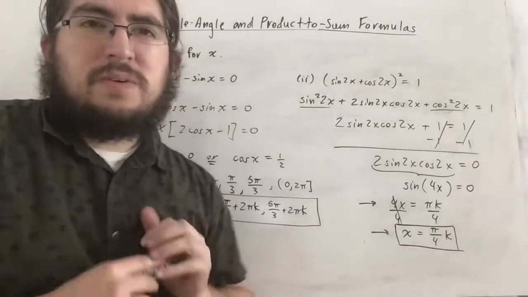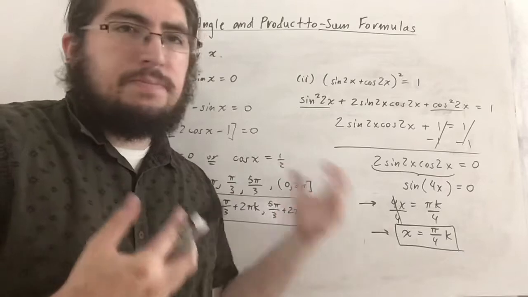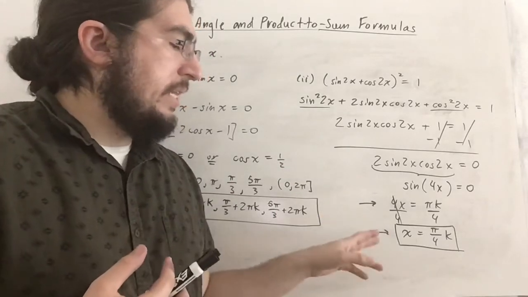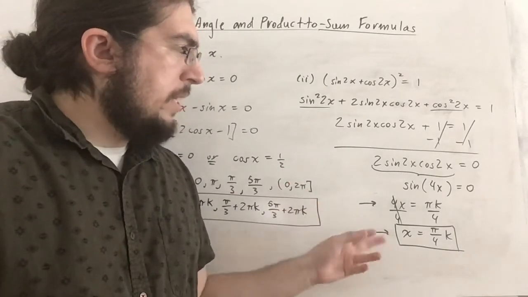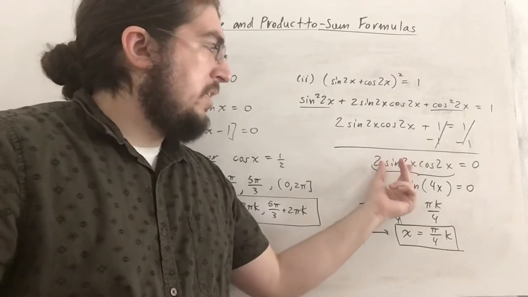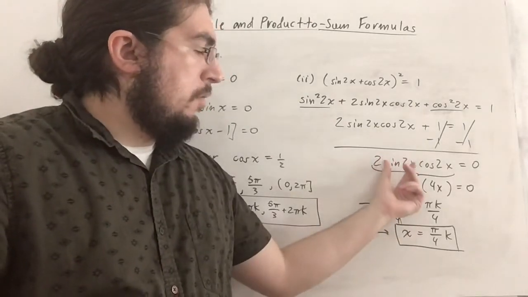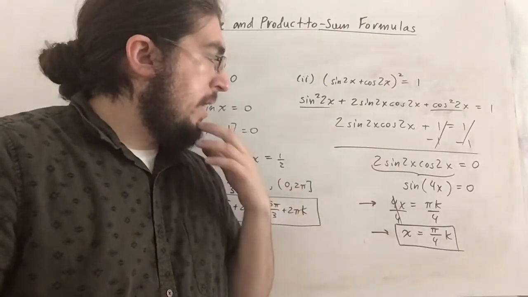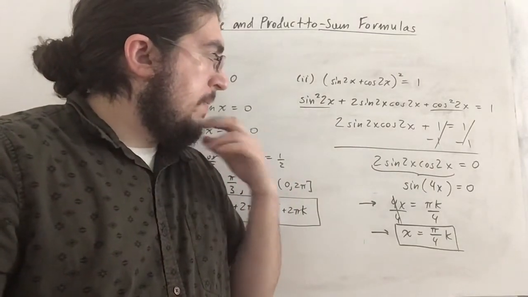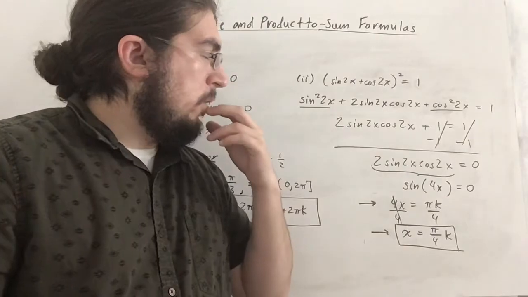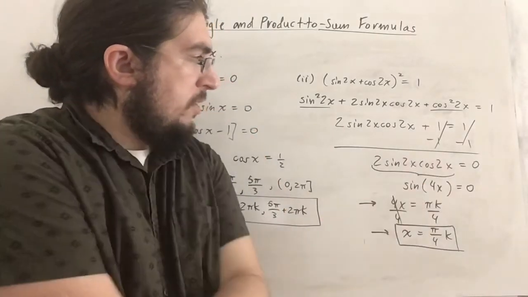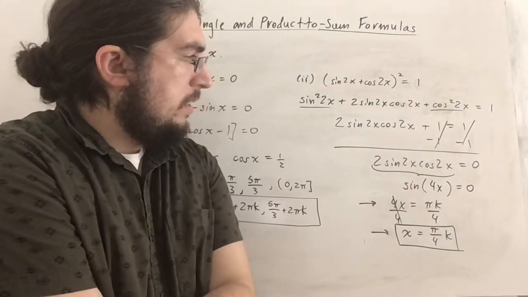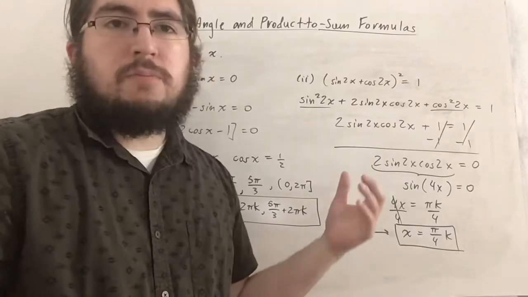Now, if this sounds funny, it's actually not that hard to verify this is indeed the case. Because look, sine is 0 at multiples of pi, so 0 or pi. So if you think of one rotation, 0 and pi. Okay. When is cosine 0? Cosine is 0 at multiples of pi over 2.